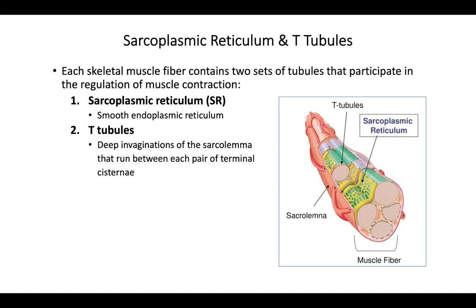And if you look at sarcoplasmic reticulum, this also is sarcoplasmic reticulum, and there is some invagination along the myofibril. Deep invagination of the sarcolemma that runs between each pair of terminal cisternae. We call this T-tubule. Sarcolemma is the membrane of muscle fiber.